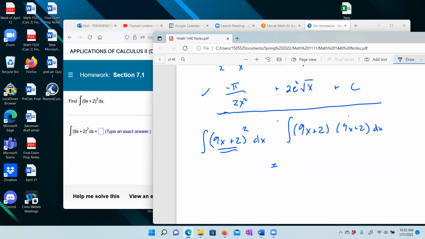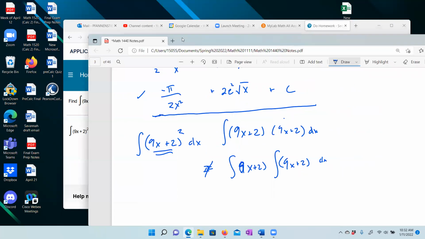What you cannot do is try to do 9x plus 2 times the integral of 9x plus 2. You can't, this is not good. Again, this will make all of us very sad. Don't do that.